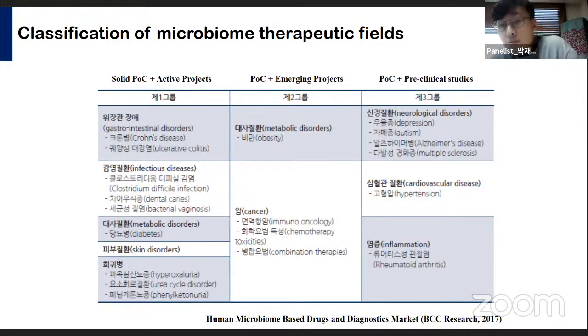And the third group has minimal proof of concept results, and they're at very preliminary stages. It includes neurological disorders, cardiovascular diseases, and inflammation, including all kinds of autoimmune diseases like arthritis. So anyway, if you look at this chart, there are so many different fields that are covered by microbiome therapeutic fields.